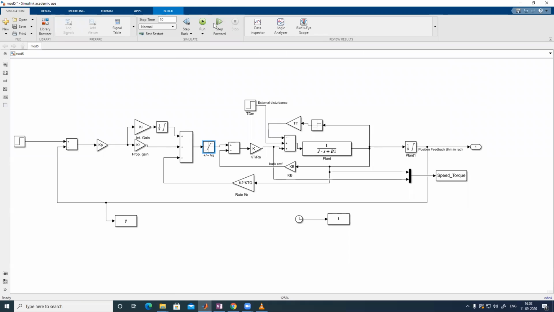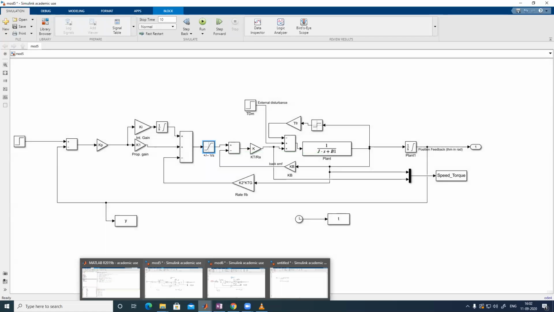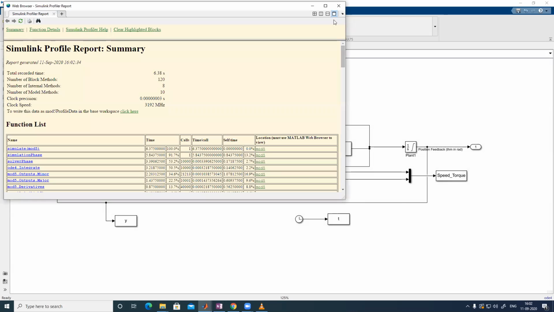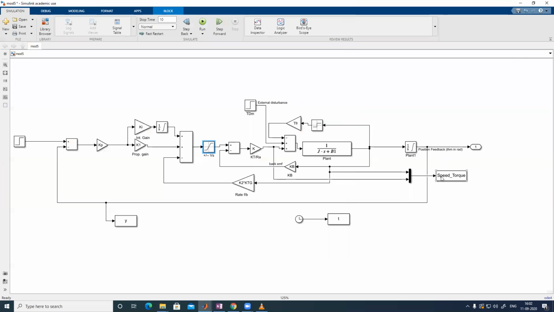If you are finished, you run it. And you can plot here Y and T. Before that, you have to enter the model configuration parameters as earlier.